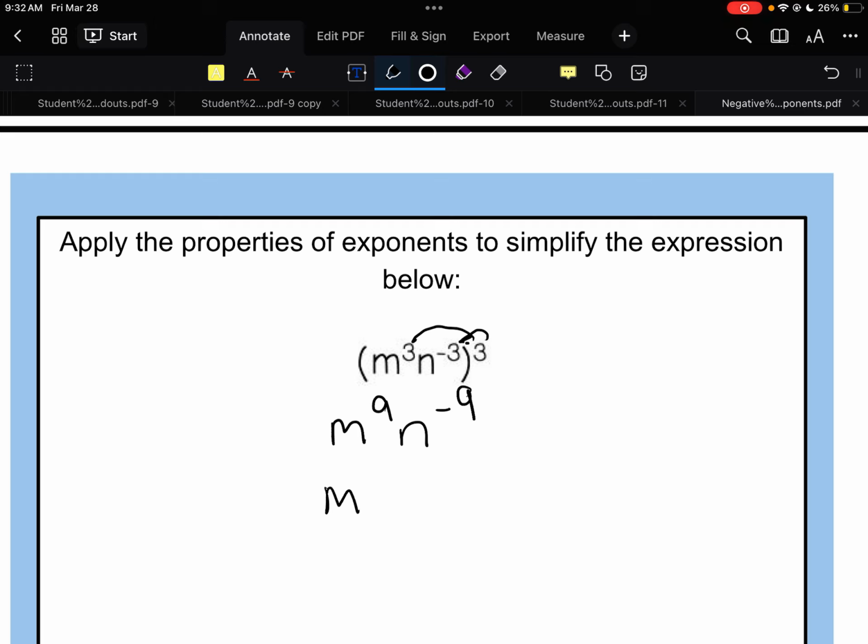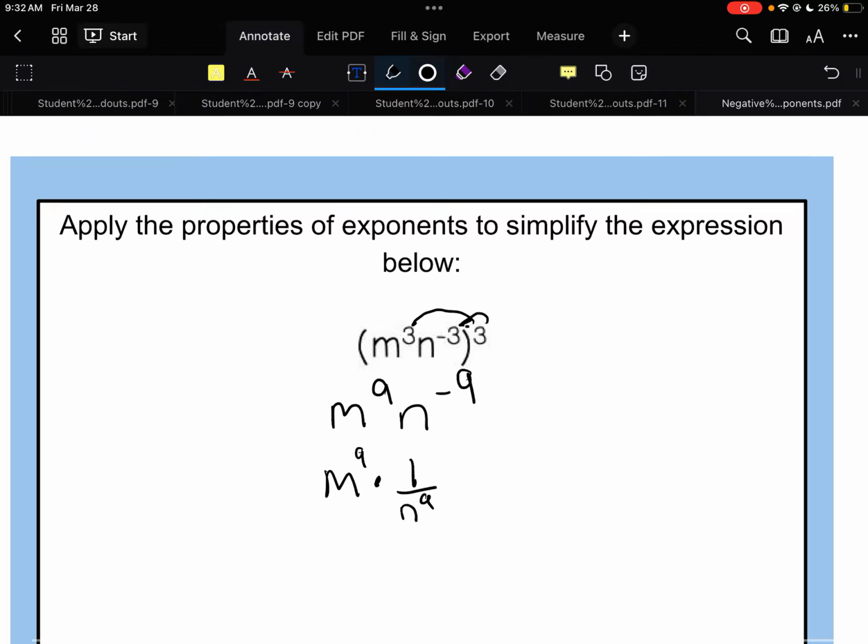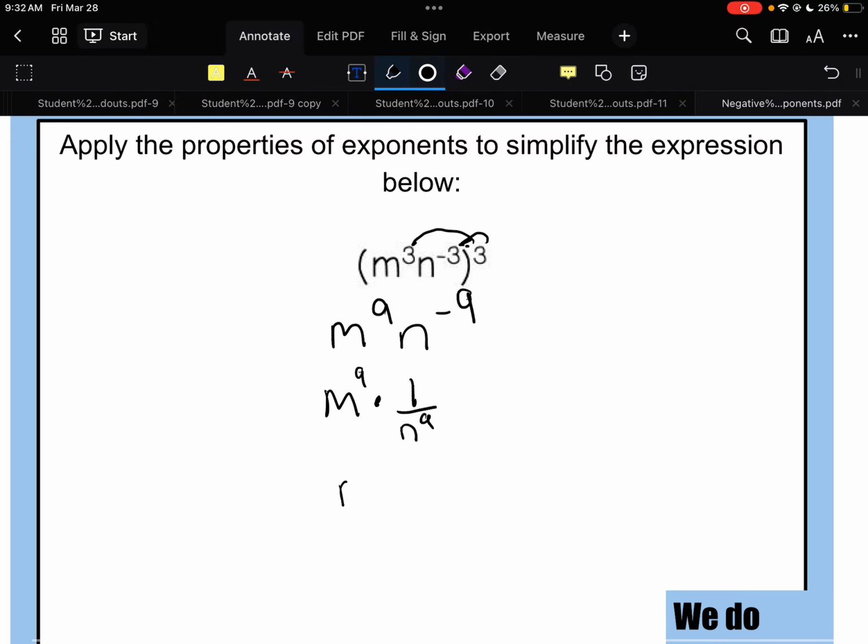So you would get m to the 9th times 1 over n to the 9th. And then your final answer here would be m to the 9th over n to the 9th. Like that. And that would be your final answer.